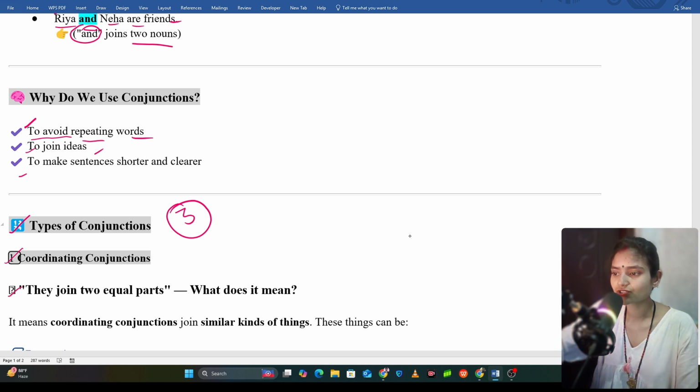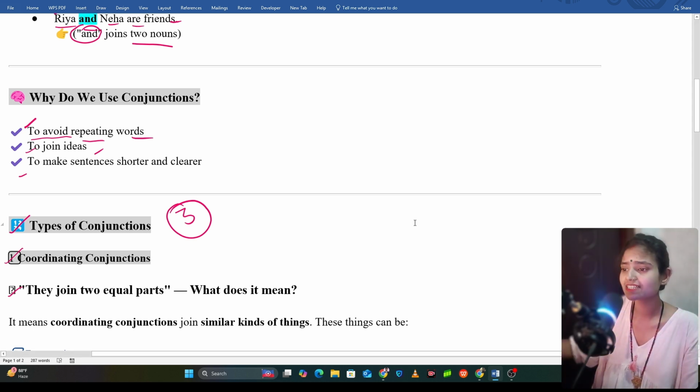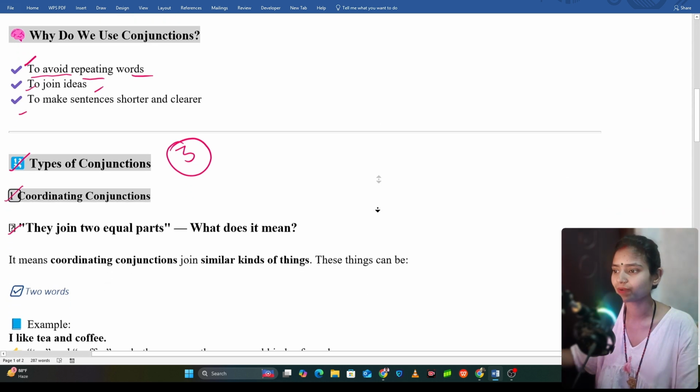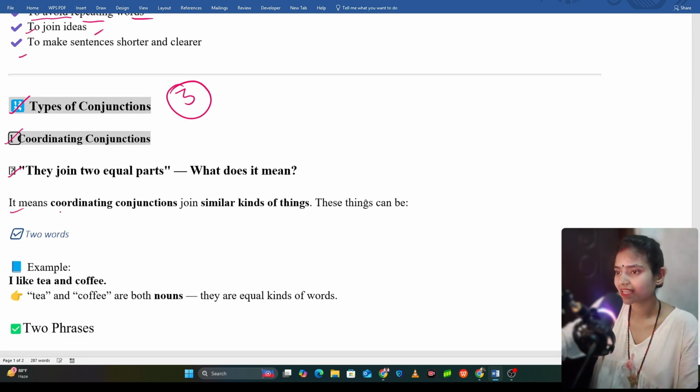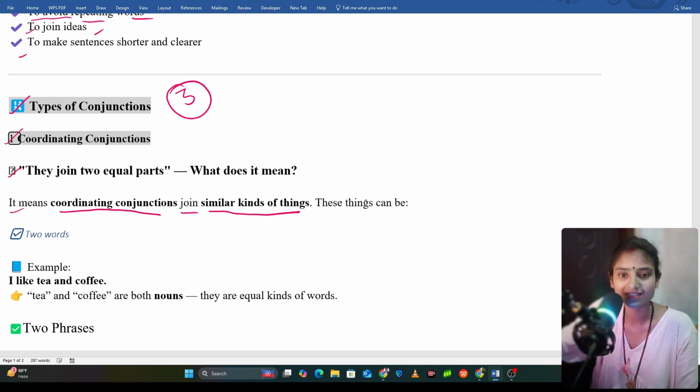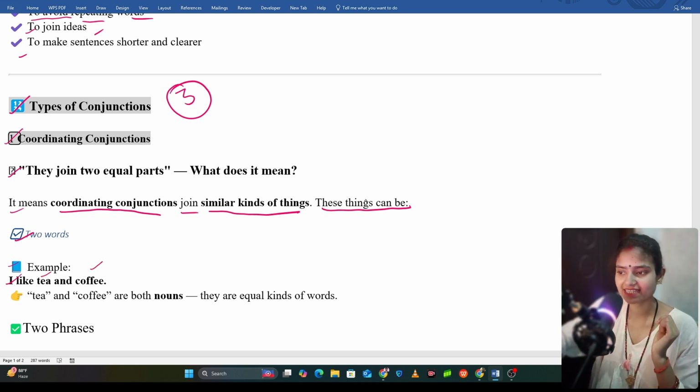Now, the coordinating conjunction joins two equal parts. What does that mean? It means coordinating conjunctions join similar kinds of things. These things can be two words. For example, in the sentence 'I like tea and coffee', I like both tea and coffee.